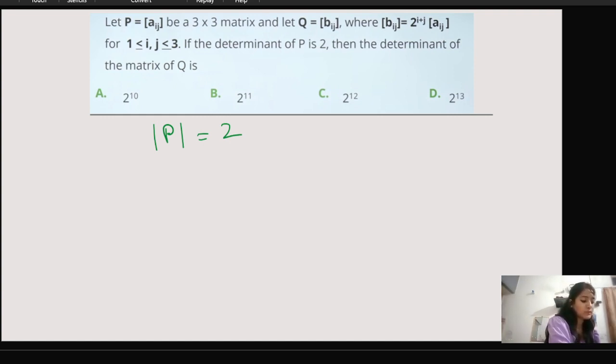We have only the determinant of P, and we have to find the matrix Q. So let's find the matrix Q here.